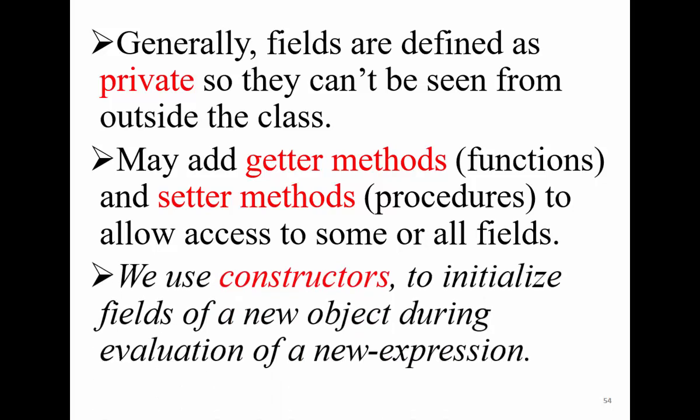Now, constructors are used to initialize the fields to some predefined state. Like, I want anyone who would like to create an object of a student, he cannot create this object without providing the name and ID of the student.